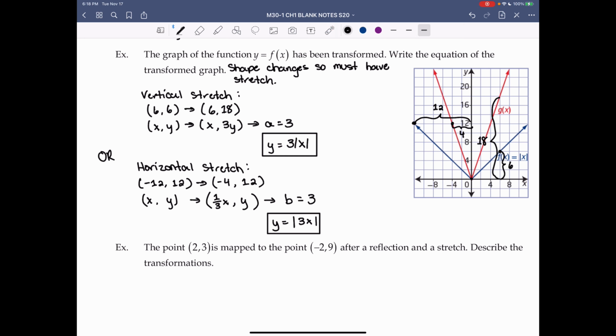So I could write y equals absolute value of negative 3x. Sometimes they might specify where a is greater than 0 or b is greater than 0. And then you know it's positive, but this one didn't specify, so we could have a positive b or a negative b.